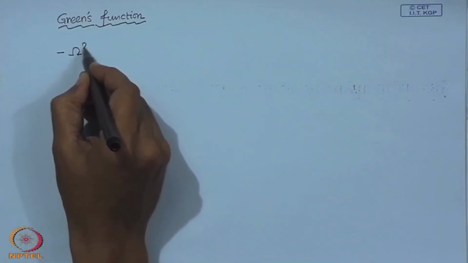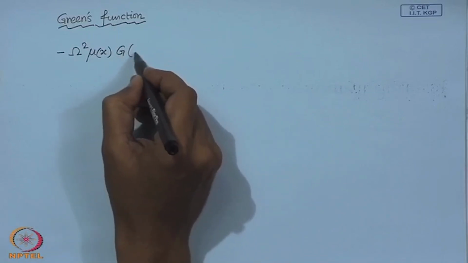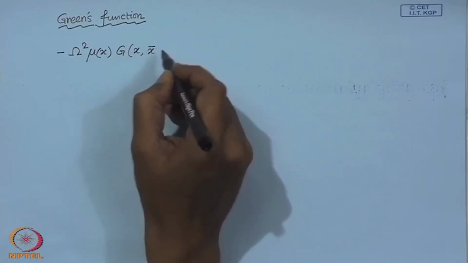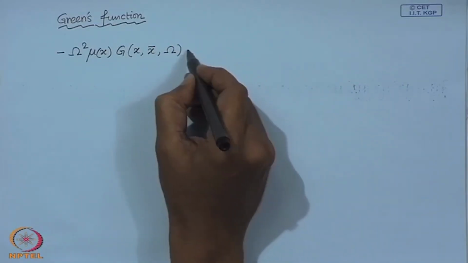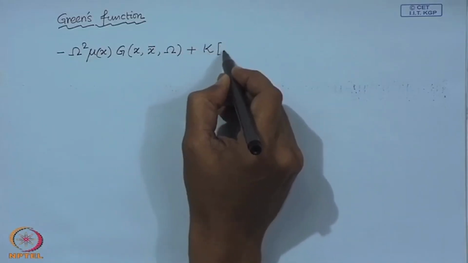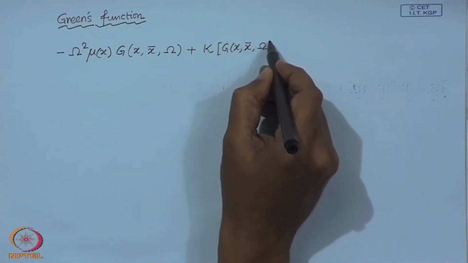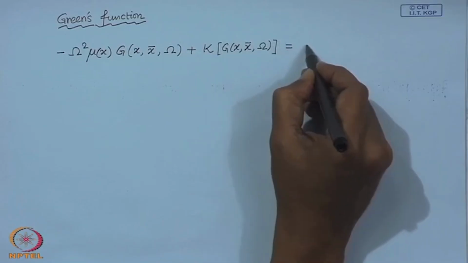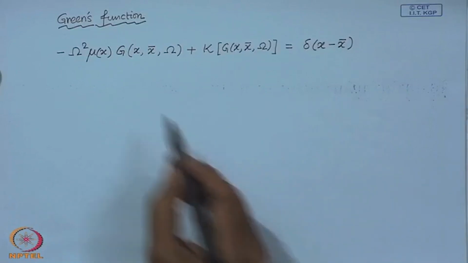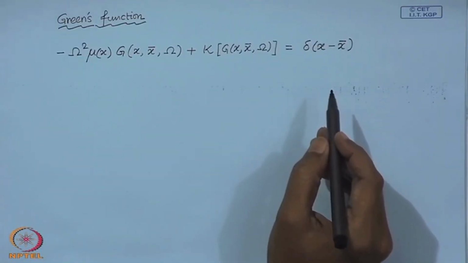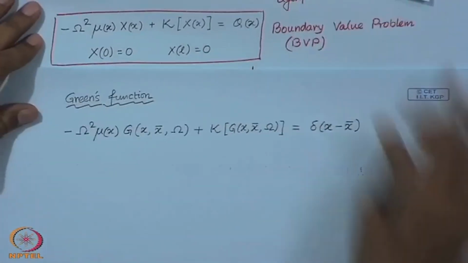So, we write it like this, we represent the Green's function using G, capital G, such that, so this was the differential equation of the boundary value problem, as you can see here.